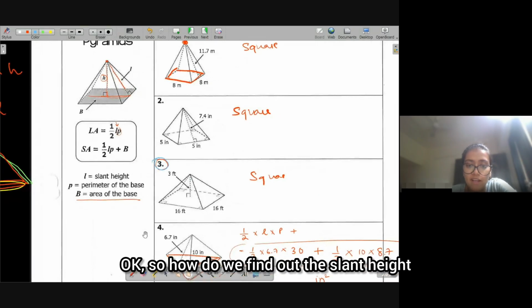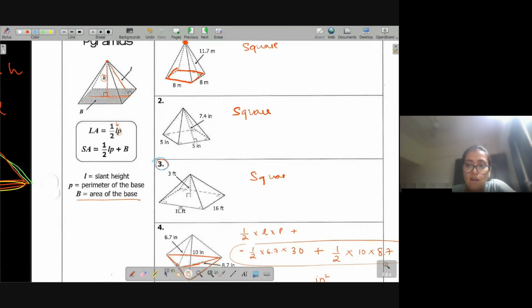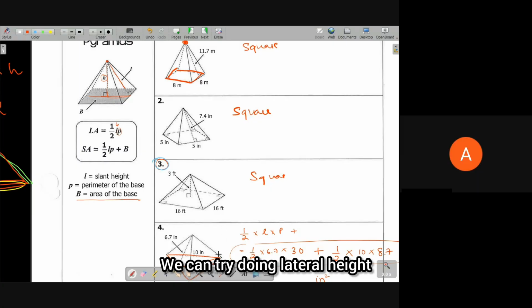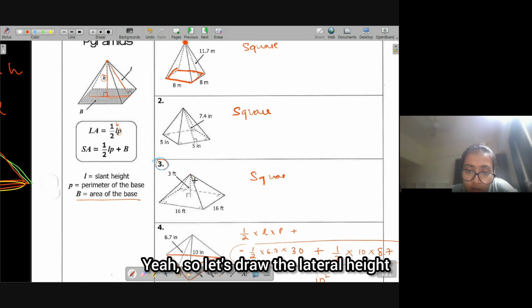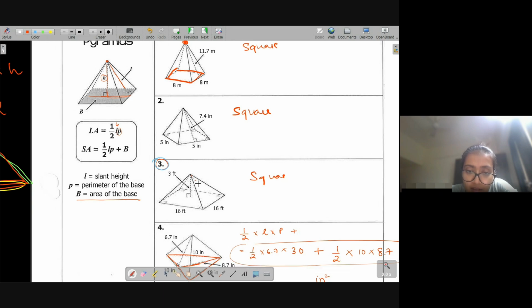So how do we find out the slant height in number 3? Let's draw the slant height. So the slant height is this, and you'll need to connect this so you get a right triangle.